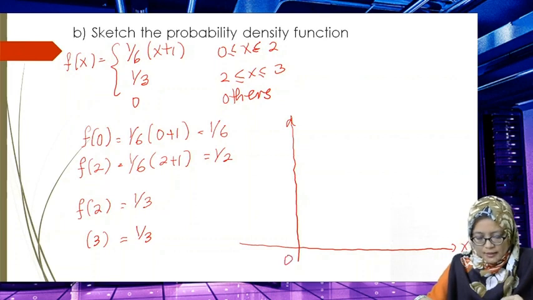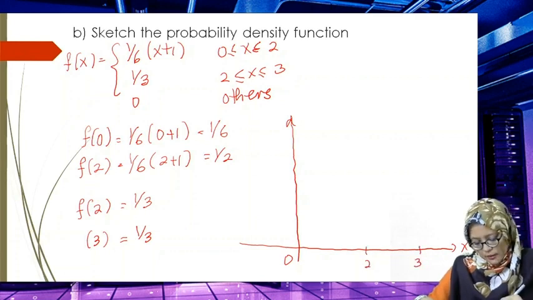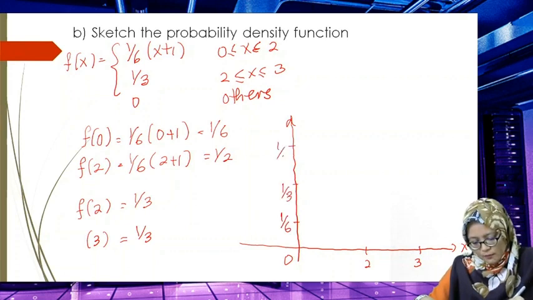Okay, so nilai yang kita ada 0 to 3. So, nilai yang kita ada 1 over 3, 1 over 2, 1 over 6. So, 1 over 6 paling kecil, then 1 over 3, then 1 over 2.